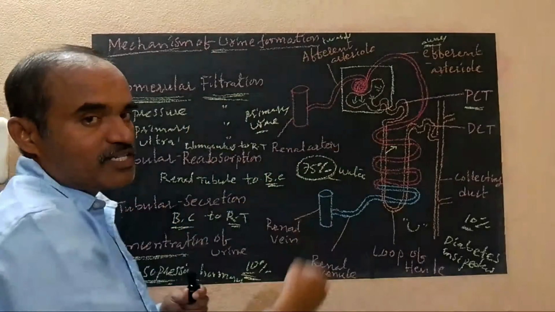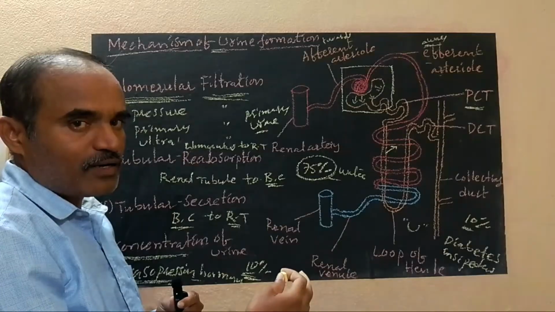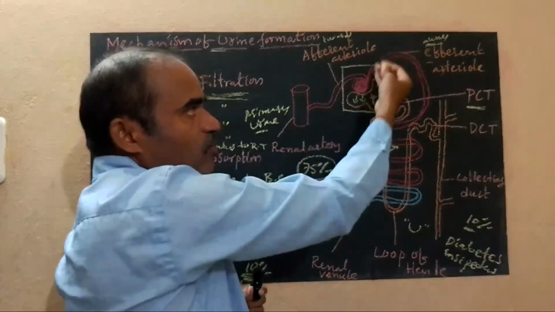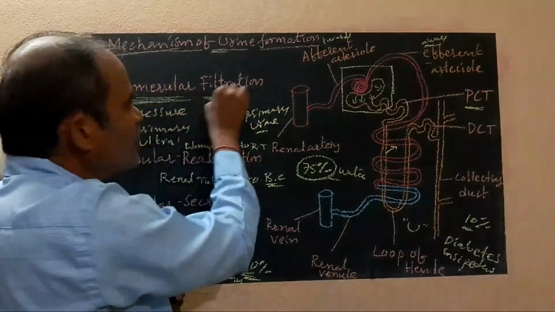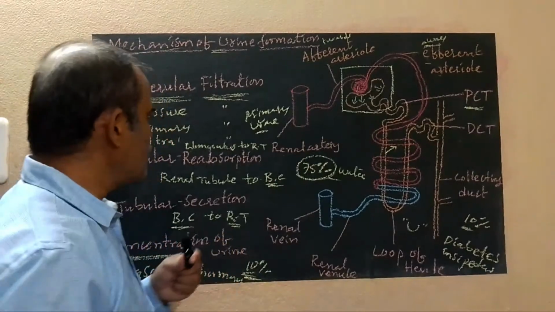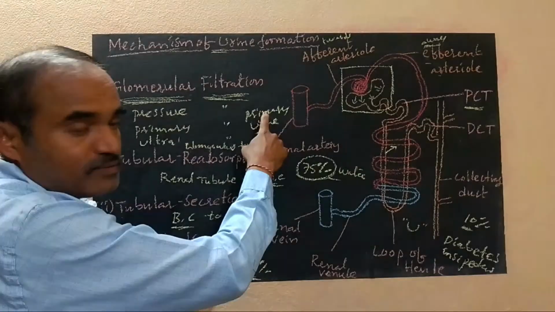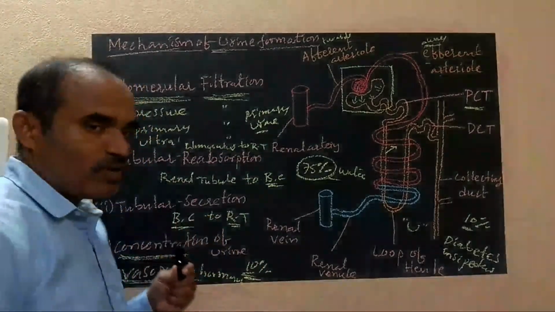This filtration takes place in the nephron when the blood flows with high pressure. Due to the narrowness of the efferent arteriole, the blood is filtered here, and this is called glomerular filtration, also called pressure filtration, primary urine, and ultrafiltration.